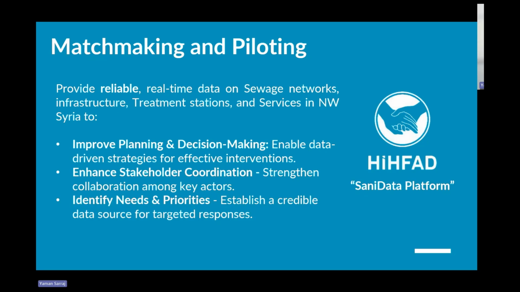And I will go into more detail about the intersectionality with food security, because we could see the impact of the sewage networks, especially on irrigation, the use of wastewater on agricultural lands, etc. So it would be a good reference for a comprehensive platform for decision making.